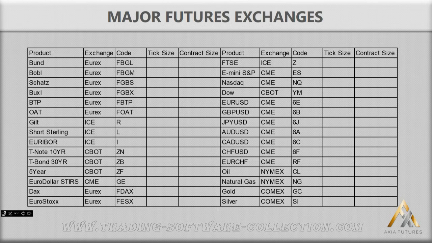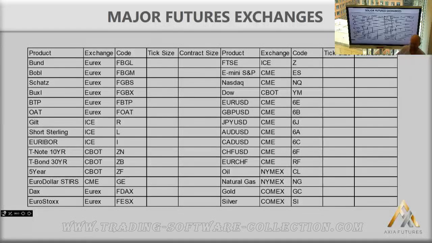What I'm also going to do for you, friendly like that, is give you a nice bit of homework: you can look up your own contract specs, the size of the contracts and the tick size, which is obviously very useful to know, because it can have a bit of influence on what you trade. The most confusing tick sizes are the US ones, because they still use the old school imperial measurements.